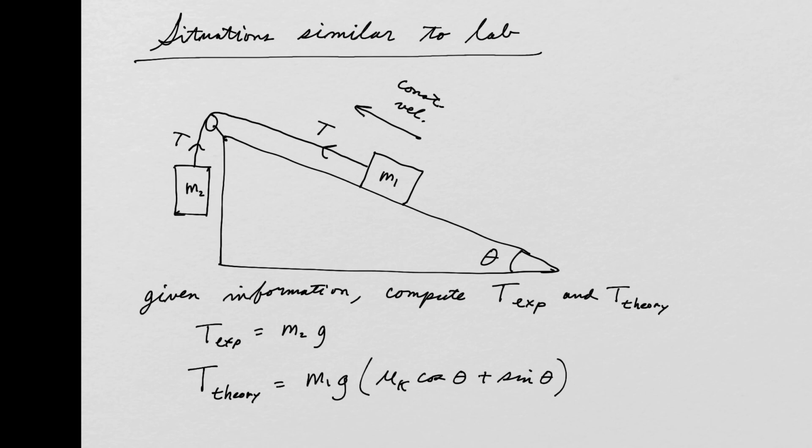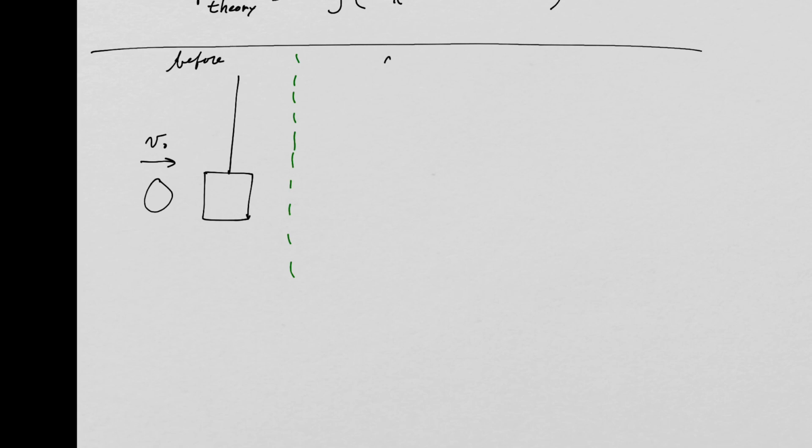let's see. Another experiment that we did in lab was the ballistic pendulum, right? This is like the last experiment. So again, if we look at what's going on before the collision, so here's the pendulum, here's the ball moving at some initial velocity. So this is like before collision, and then I'll draw a dashed line here. After the collision, so this is before, this is after.